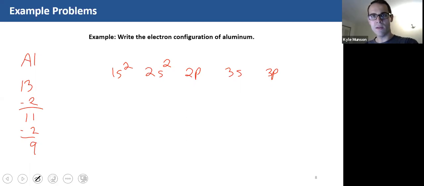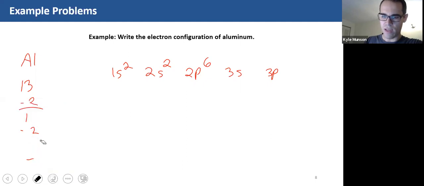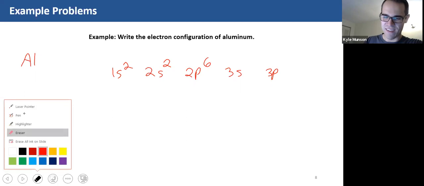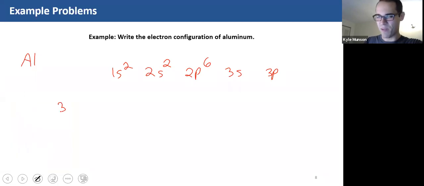The p orbitals have a maximum of 6 electrons, okay? Minus 6. All right, oh goodness gracious, that minus sign is wrong. So I got 3 left. I'm running out of room. 3 electrons left, okay?